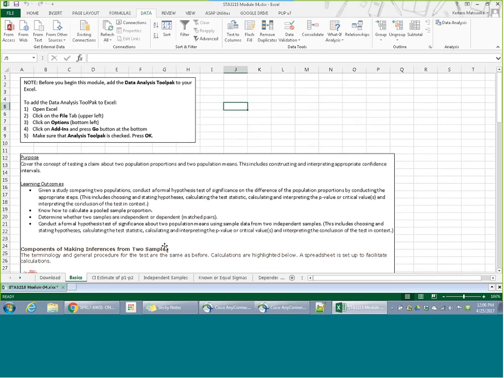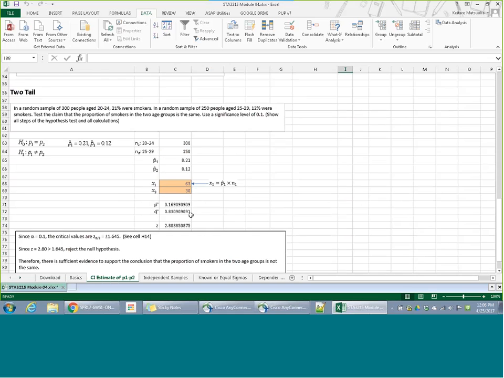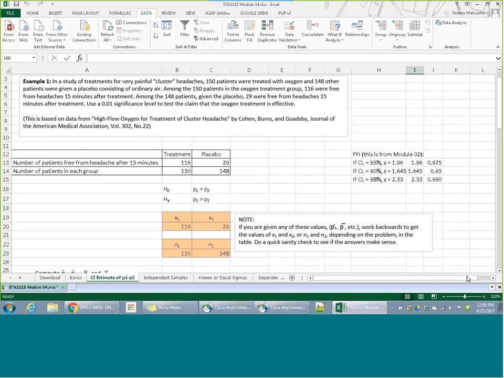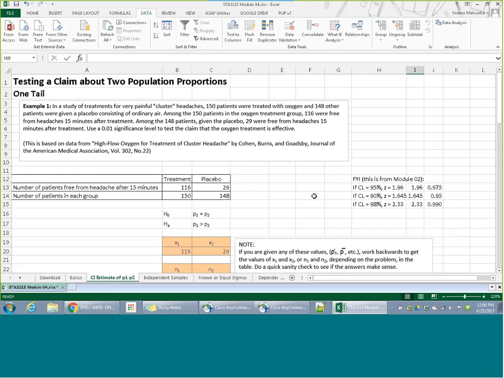All right, so let's look at an example for comparing two proportions. In a study of treatments of very painful cluster headaches, 150 patients were treated with oxygen, and 148 other patients were given a placebo consisting of ordinary air.